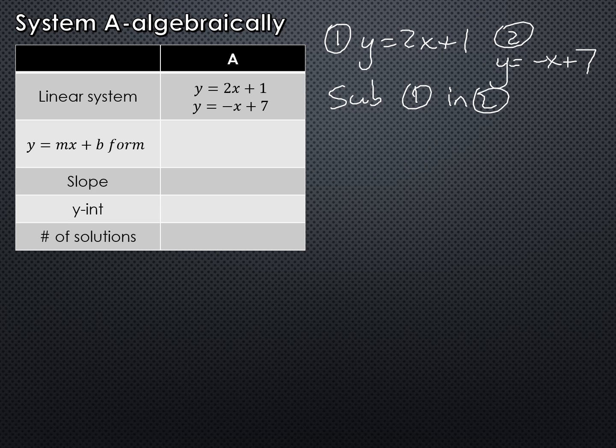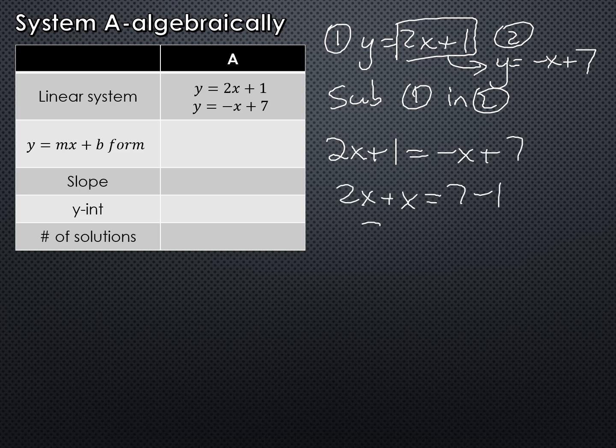We have a y isolated, so we could put that in for that. So we're left with 2x plus 1 equals -x plus 7, 2x plus x, 7 minus 1, 3x equals 6, x equals 2.